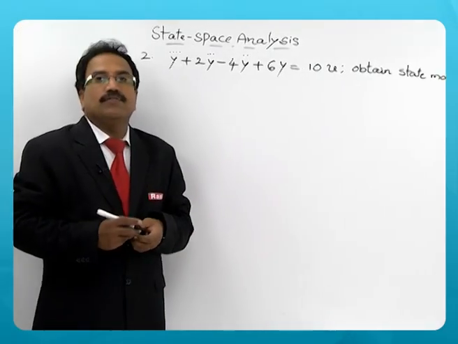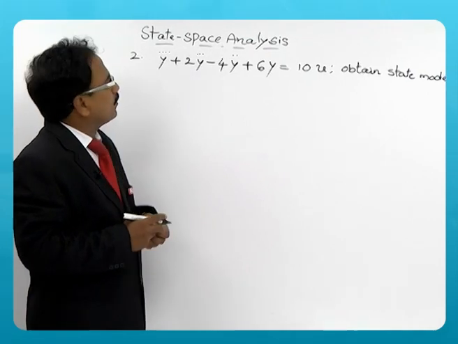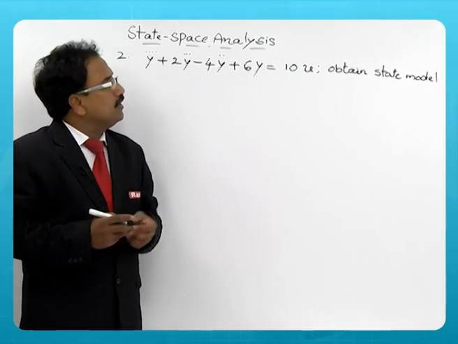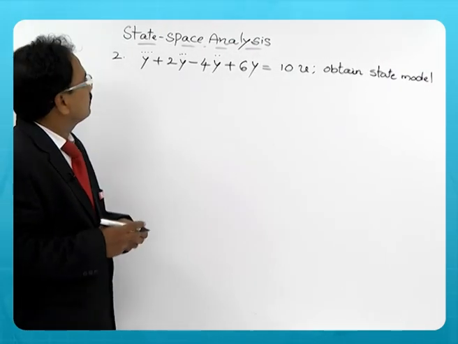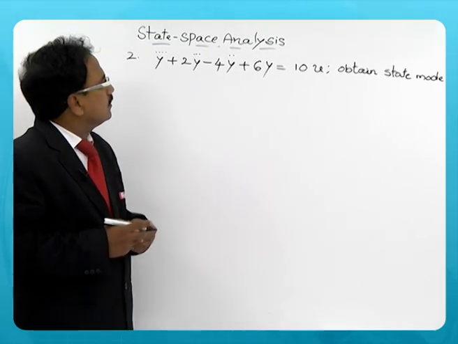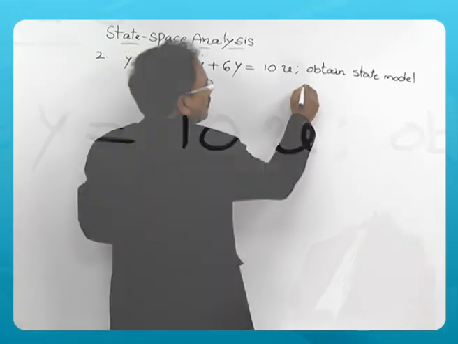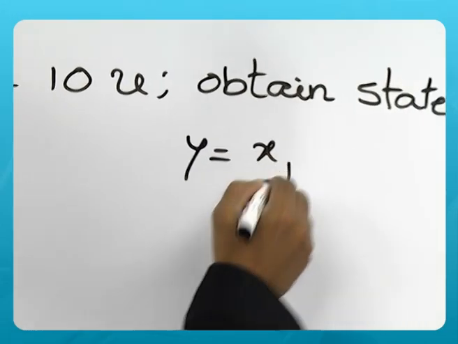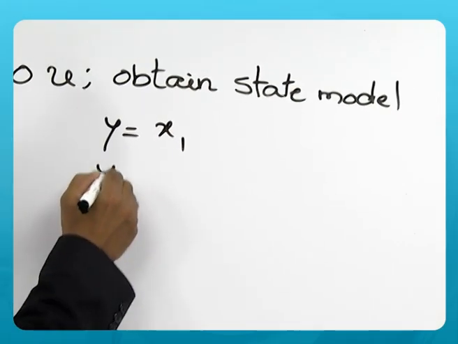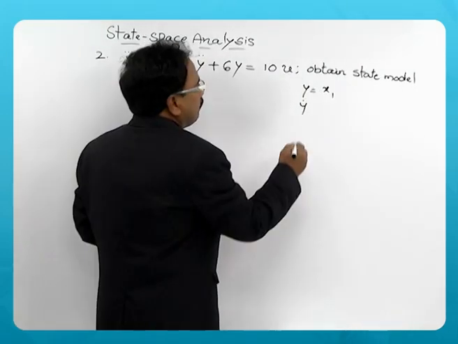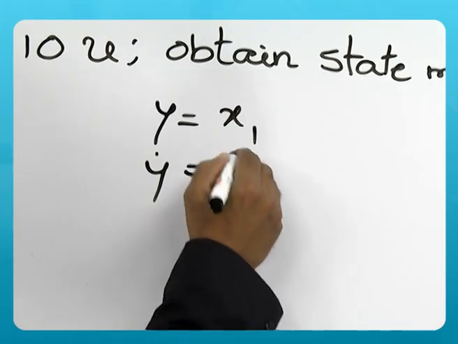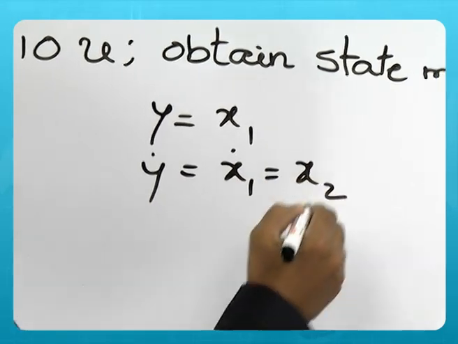Order of the differential equation is now 4, and you need to get again state model. So the procedure is the output variable y is to be chosen as x1, and y dot, derivative of y is x1 dot, that is equal to x2.